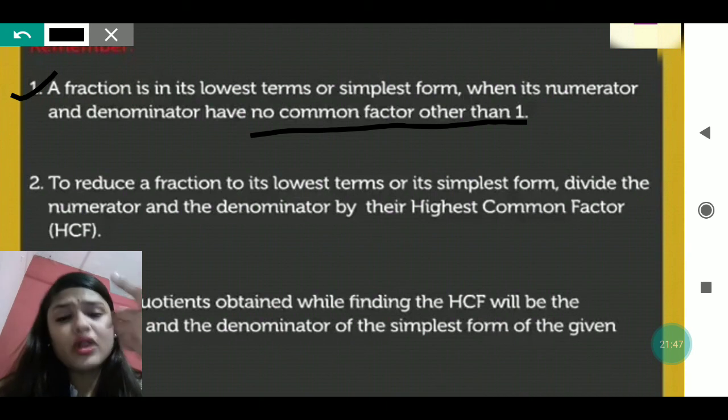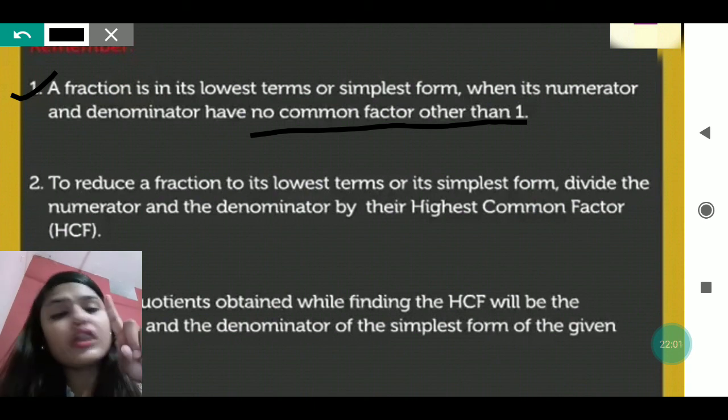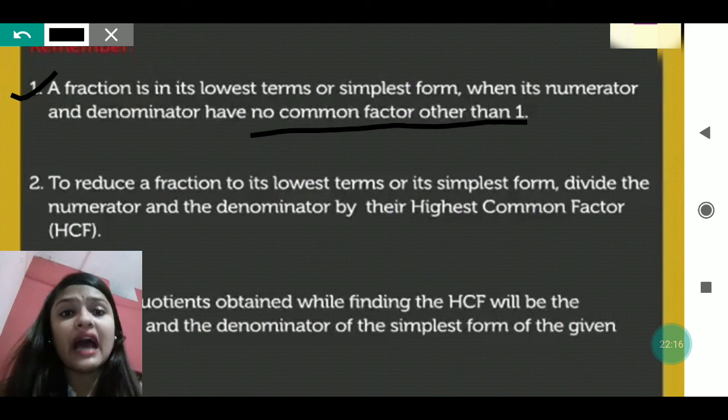Maybe you will get more than one common factor. So you have to divide by the highest common factor. That is why we are not taking 1. If 2 or 3 common factors are there, whichever is the highest, you choose that and divide both numbers by it. That is why it is called the highest common factor.